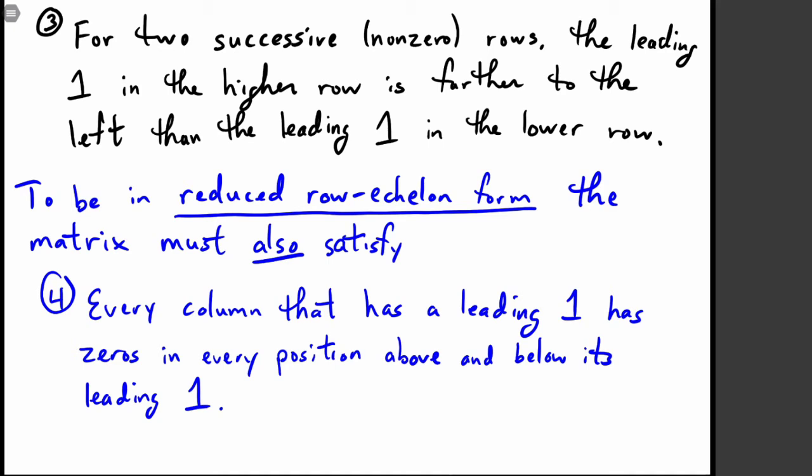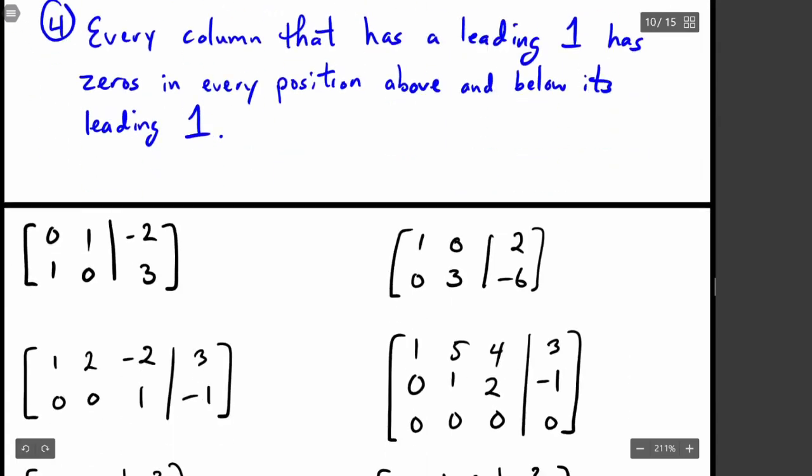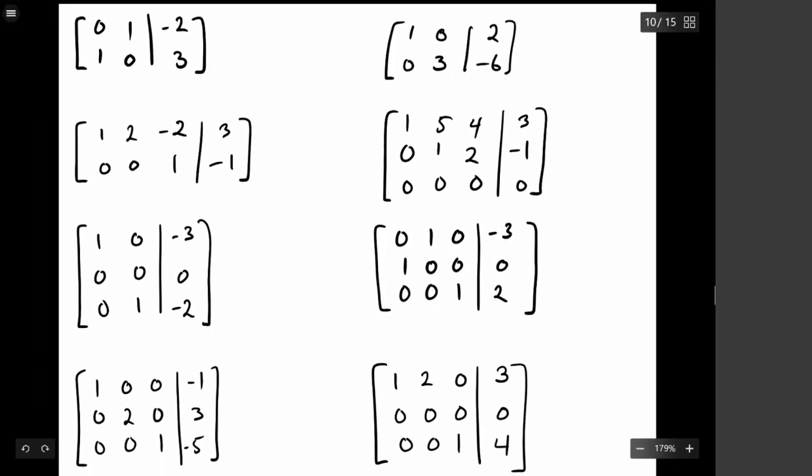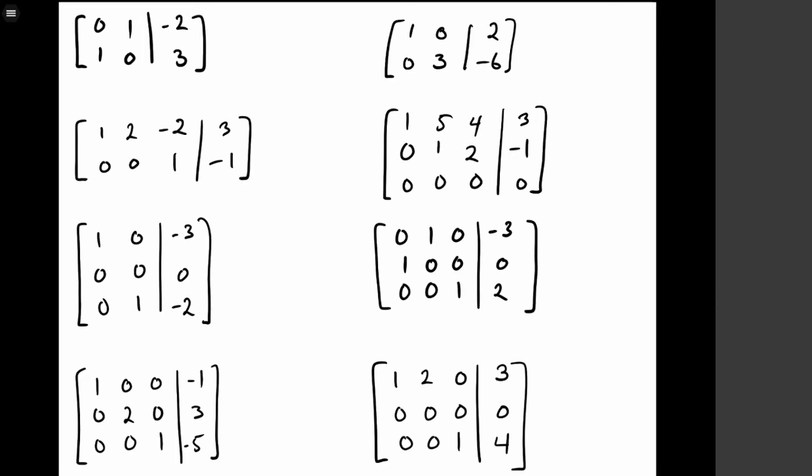Okay. So that was a lot of words about this stuff. So I encourage you to pause the video if you need to, read through these definitions, look at your notes on them, and think about them for a bit. And then we're going to move on to some examples here. I have a bunch of matrices here, and none of these are in reduced row echelon form.